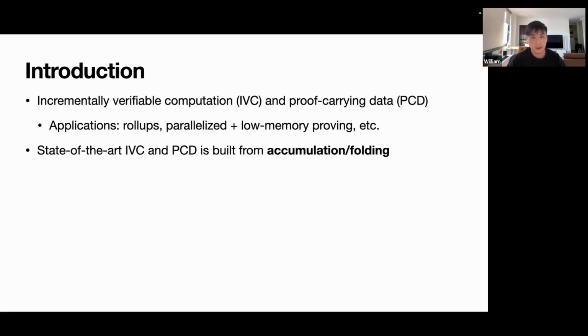As of today, the most efficient IVC and PCD is built from accumulation schemes. These are also known as folding schemes. And I should point out that when you're building IVC and PCD, there's always this baseline solution, which is to use recursive SNARKs. So whenever I talk about accumulation or folding, implicitly I'm assuming that we're talking about some sort of non-trivial accumulation scheme that does better than a SNARK would.